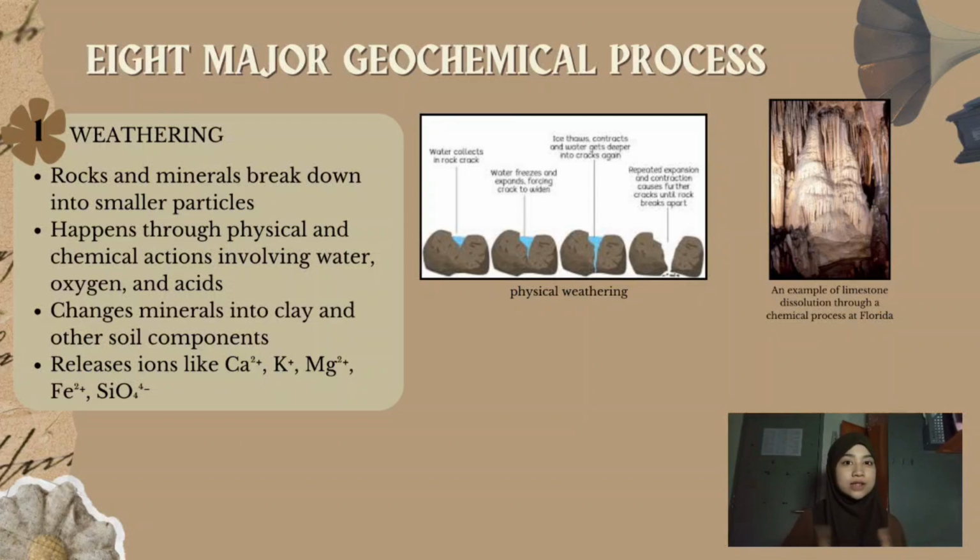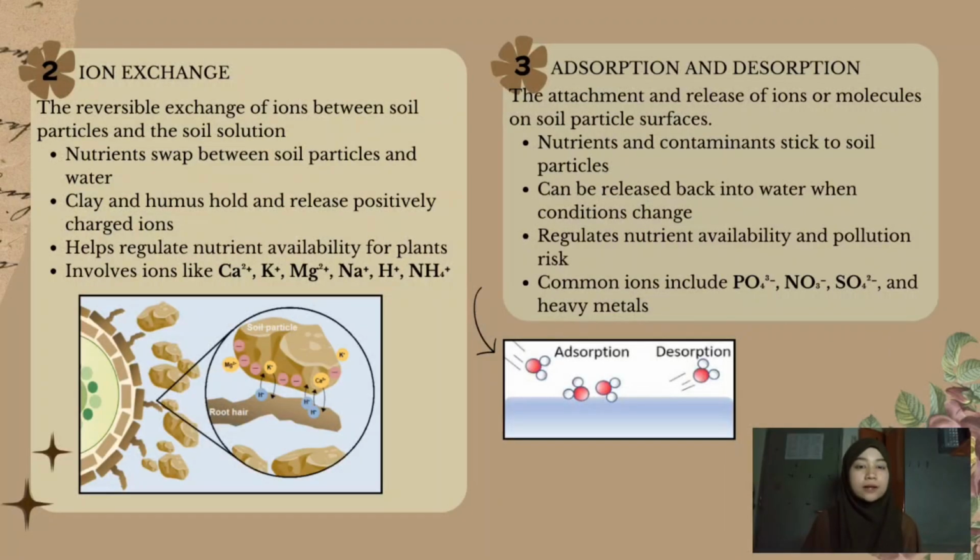This transformation produces secondary minerals like clay and releases essential ions such as calcium, potassium, magnesium, iron, and silicate into the soil. These ions become available for further geochemical processes that sustain soil fertility. Following the weathering, the ions released into the soil solution engage in another key process known as ion exchange.